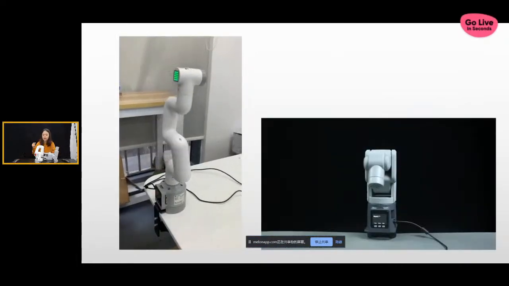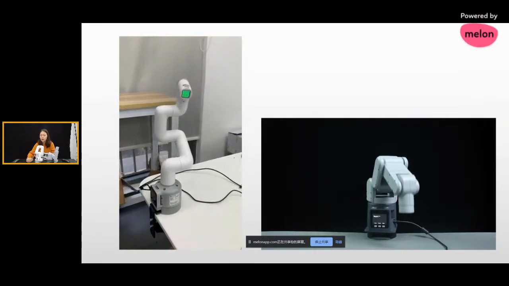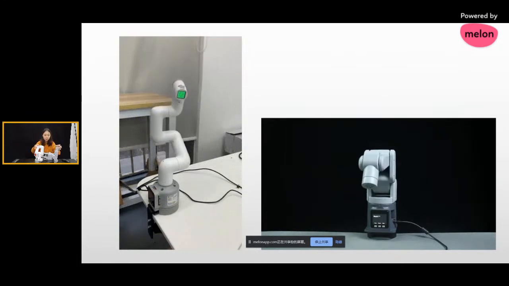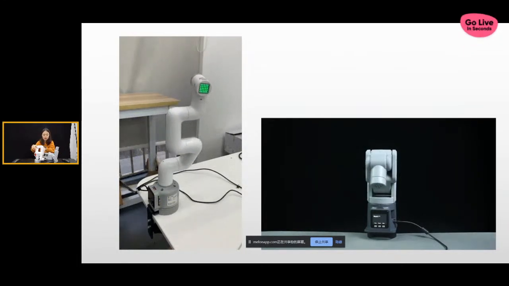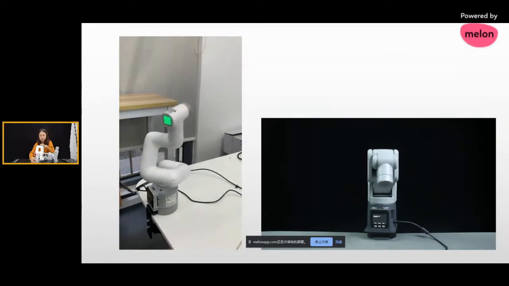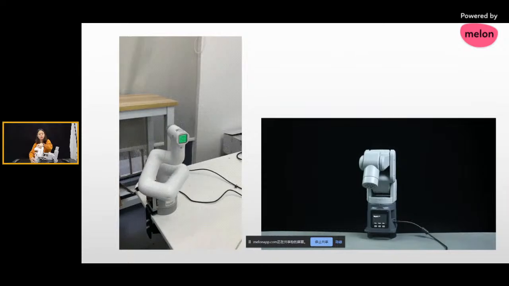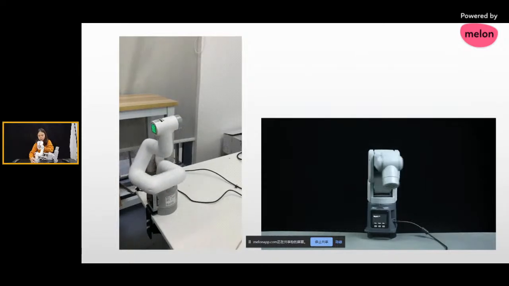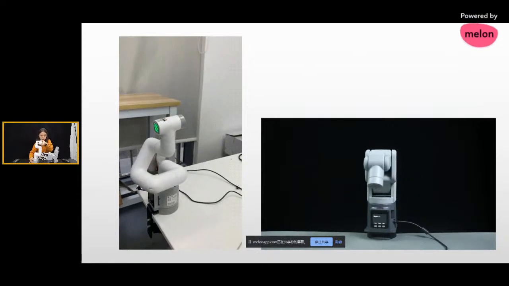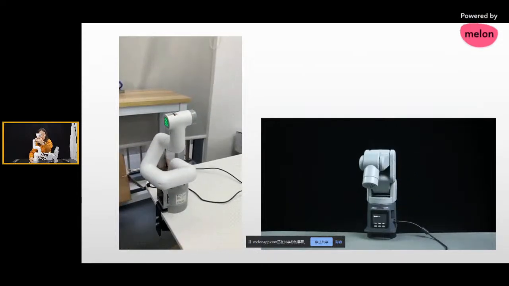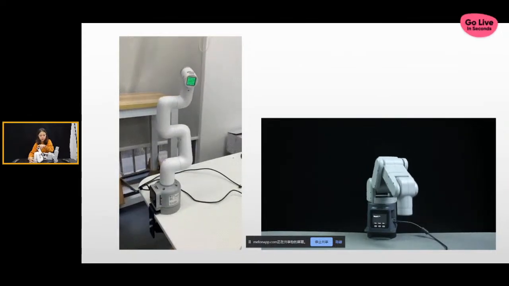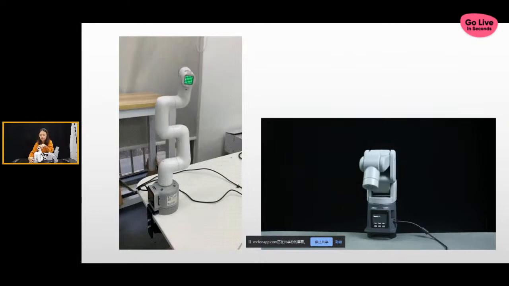Apart from that, I am sharing the video of these two robot arms moving in a working condition. So you can see that this one, the myCobot 280, is more flexible, and it can be used in many flexible rotations and can be shaped into many positions and gestures.